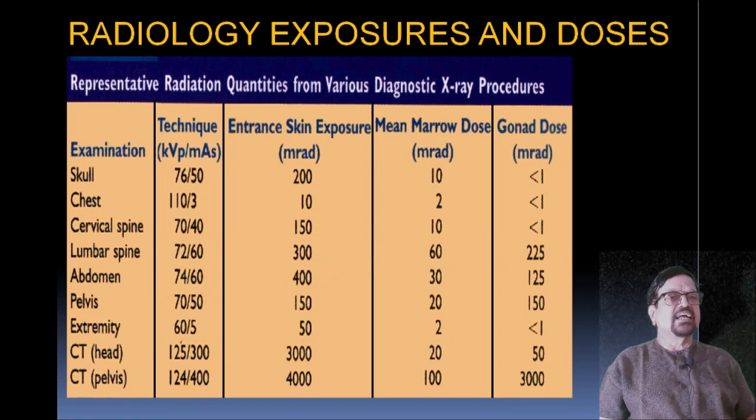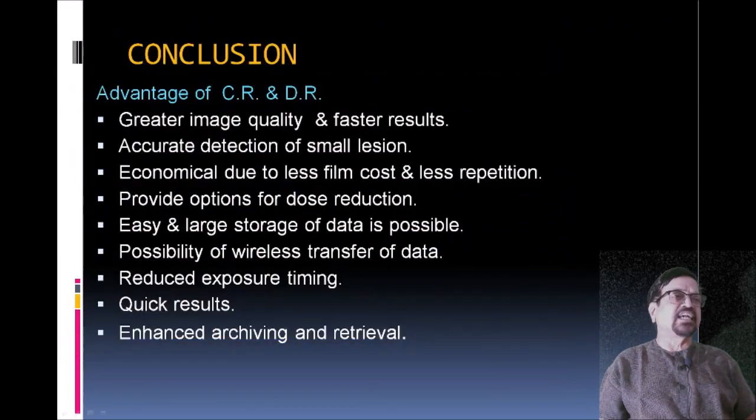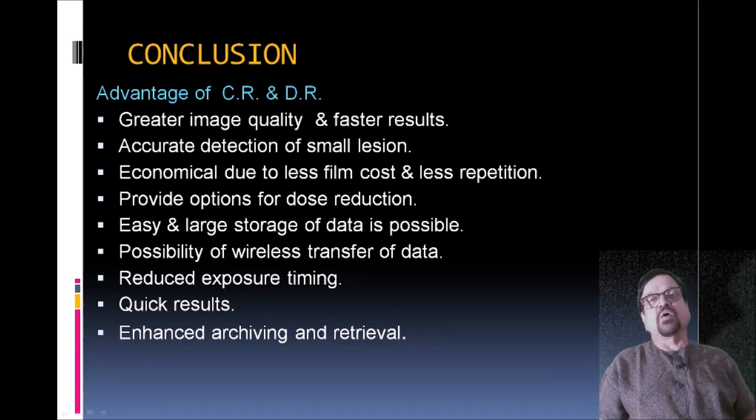Now, we are given some doses for reference purposes, because these can be reduced drastically by CR and DR. These are the conventional doses, in which there can be a much bigger reduction with CR and DR. Briefly, we have seen the darkroom, and what a CR is and how it works, and how easy it is to convert a conventional department with a darkroom to a CR department.